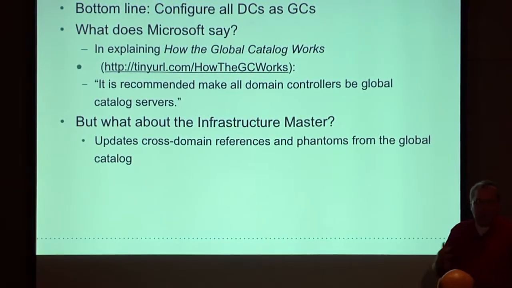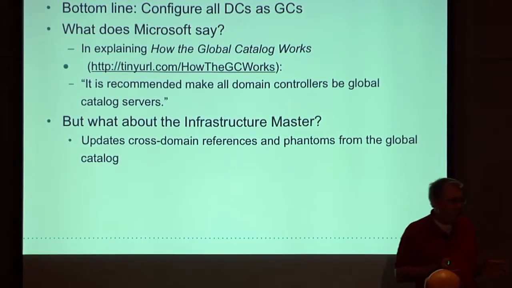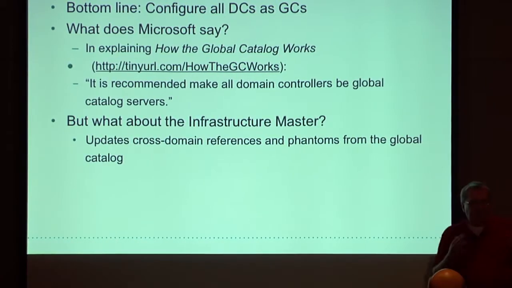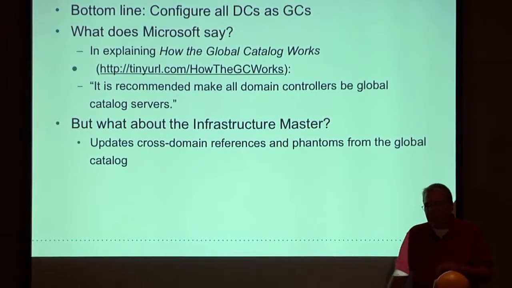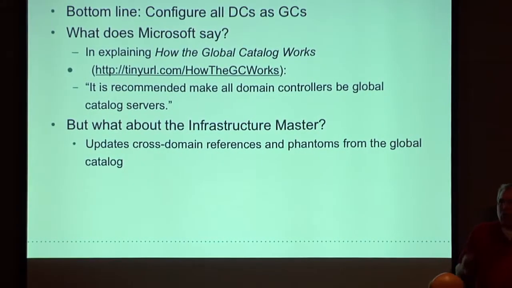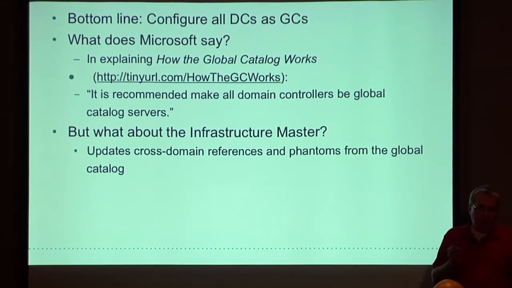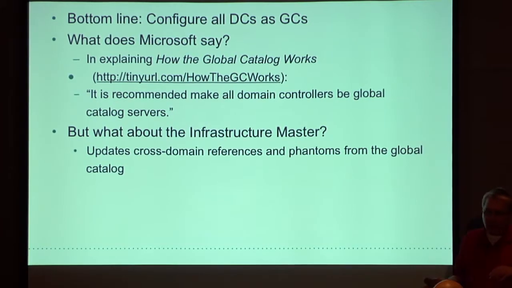Bunk. That's old news. What's the infrastructure master do? The infrastructure master updates cross-domain references in phantoms from the global catalog, and a phantom is essentially how Active Directory deals with deleted objects. So if we are in a single domain environment, we don't have any cross-domain references or phantom objects. So the infrastructure master has absolutely nothing to do.